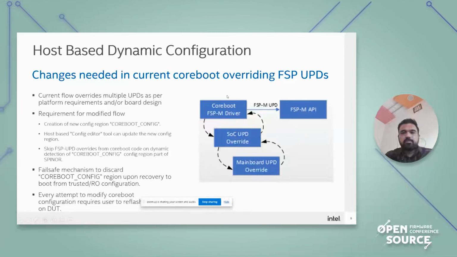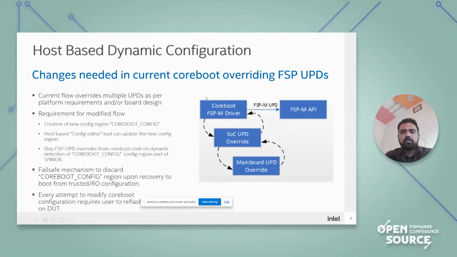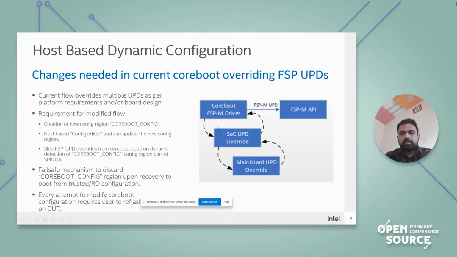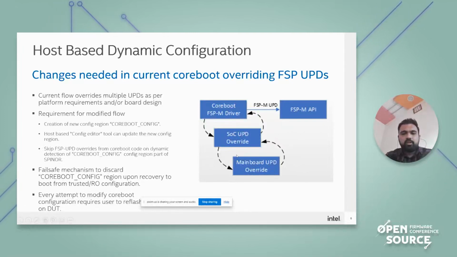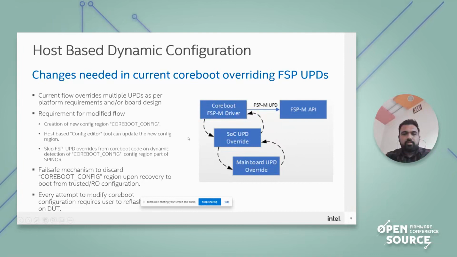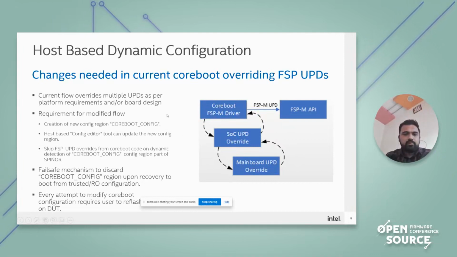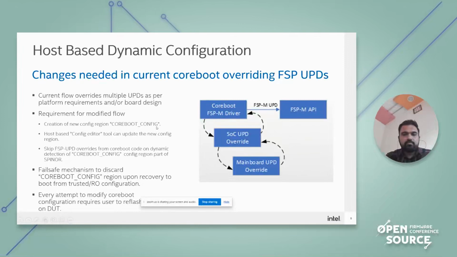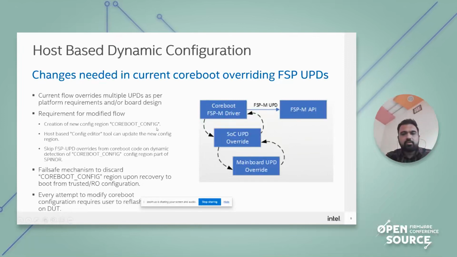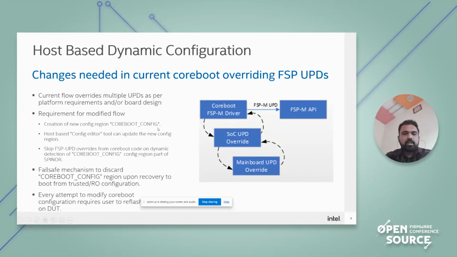What will happen is, if the user has modified the FSPM default values through the config editor tool, there are still chances that your SOC override or mainboard override code will override the value from the Coreboot code, and you might not see the impact. To mitigate this, we are proposing to create a new config region, which currently we will name coreboot_config.